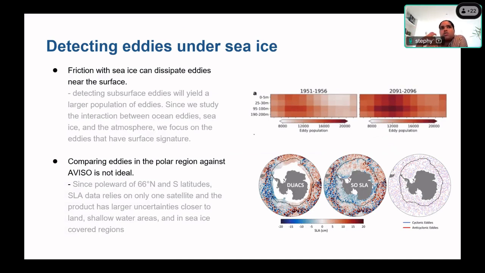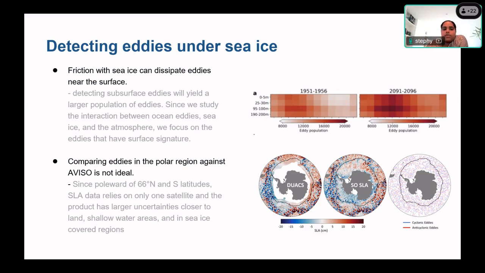So if you're really interested in how much eddies are present, you're better off looking at subsurface eddies. But since we are looking at eddy interaction with the ice and with the atmosphere, we still have to look at eddies that are present at the surface level. So we continue with the same eddy identification as with the PyEddy tracker using sea level anomalies.